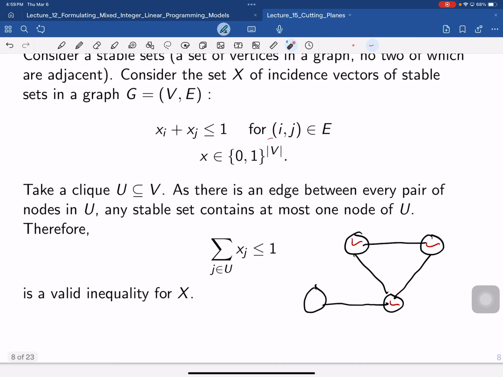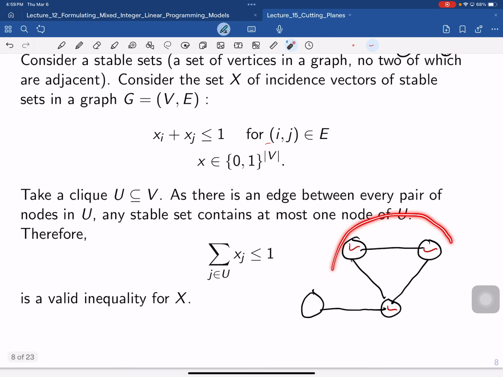Just like in this case, we have these three nodes being a clique. So that says at most one of these nodes can be in the stable set. To be a stable set, they can't be connected to each other, since everything in U is connected. Yeah, exactly right.